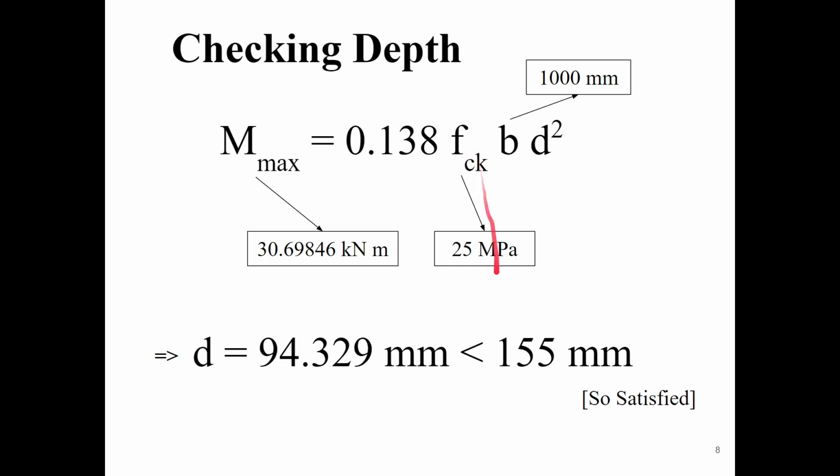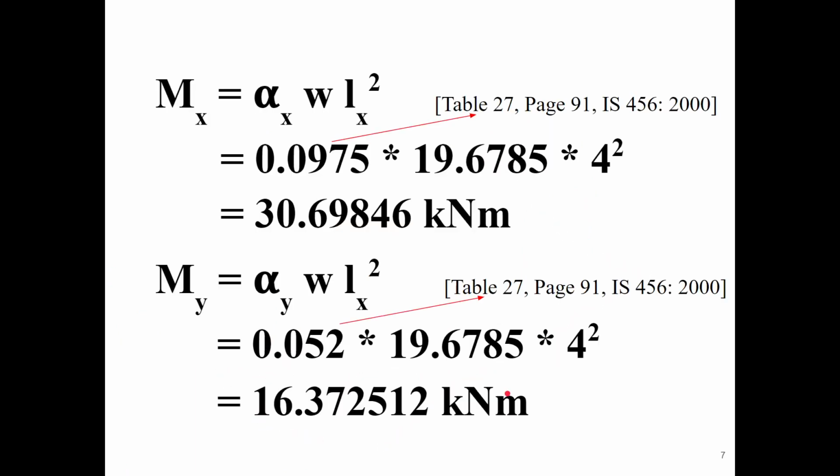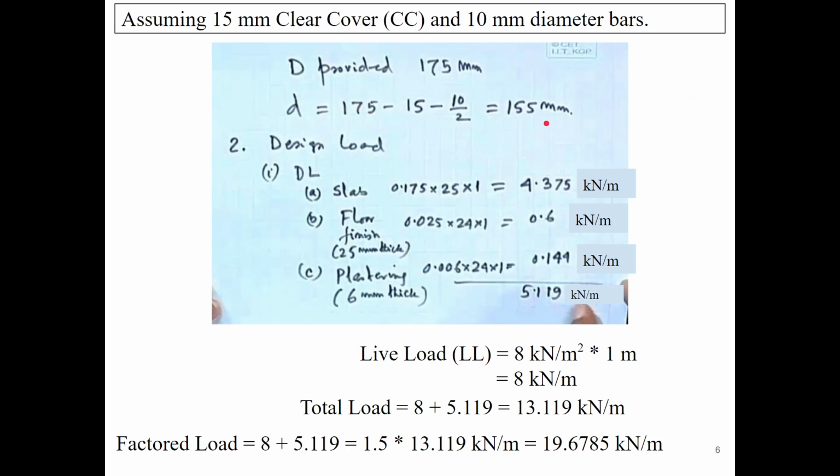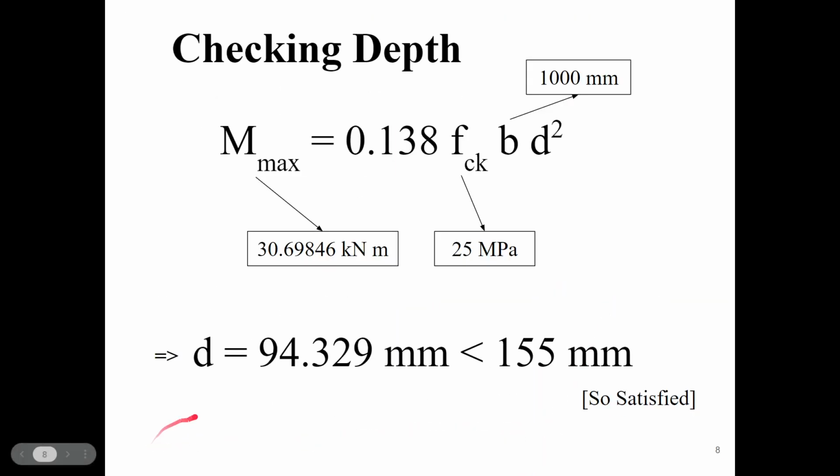Fck is 25 megapascal, b we have taken per unit width, so it will be 1000 millimeter. Substituting the values, d comes to be 94.329 millimeter. However, we have provided 155 millimeter, so definitely 155 is greater than 94.329. So our given depth is satisfied.